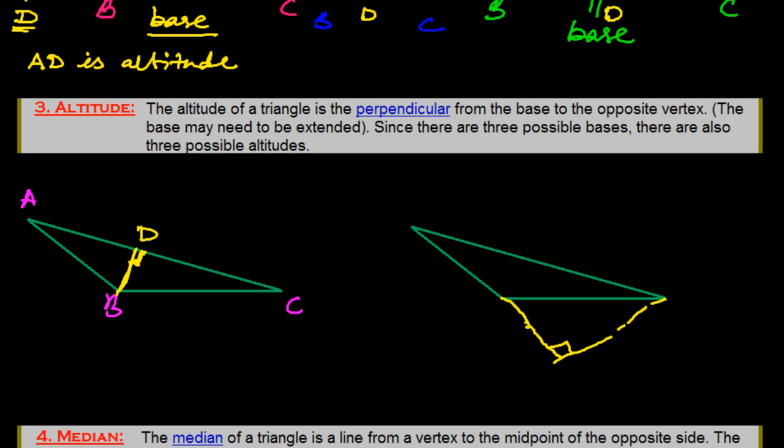This is our ABC, we already know that. A, B and C, and this is our D point. So AB is the base and CD is the altitude. So this is our altitude now. In this way we could draw the altitude from the opposite vertex corresponding to the base.